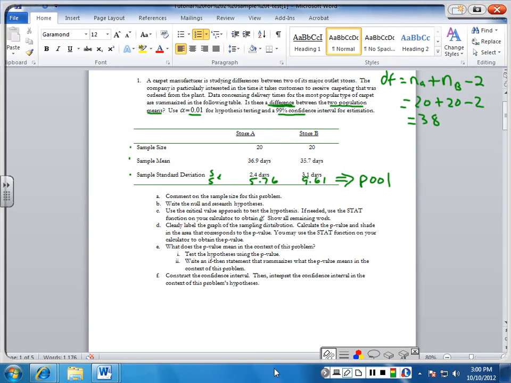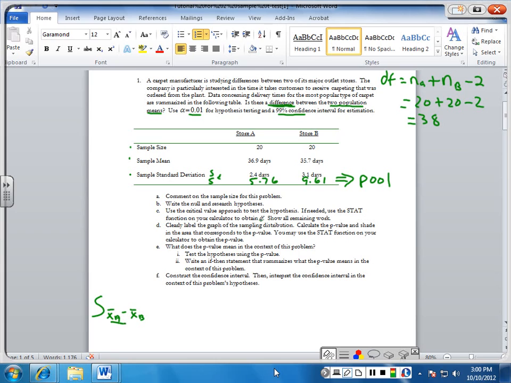And it tells us we're going to use the following formula to calculate the standard error. I think I'll do this down at the bottom. I'll erase it before we move on and work the other parts of the problem. So this is to get the standard error for the sampling distribution of the difference between two sample means.